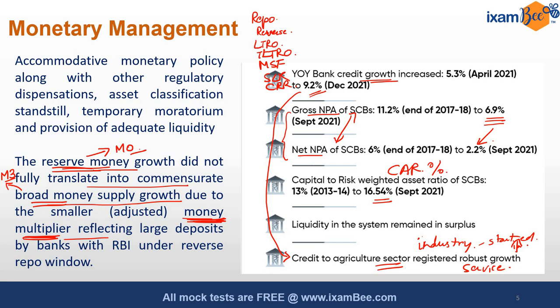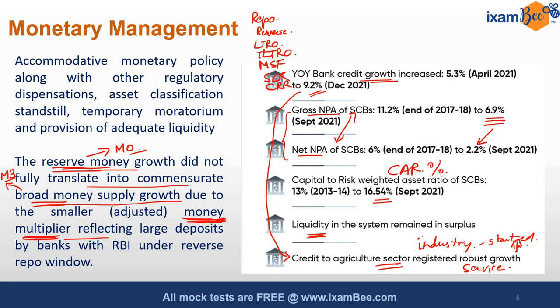And on liquidity, because the monetary policy had been supporting, RBI had been ensuring there is enough liquidity in the system, and that has been continuing. So that was the gist or the summary of the monetary policy and the monetary standing of the country in the last year.